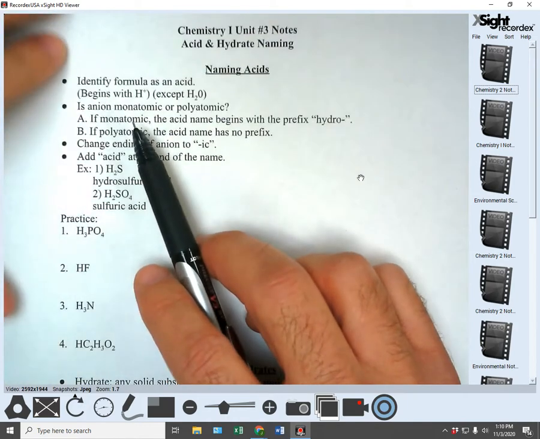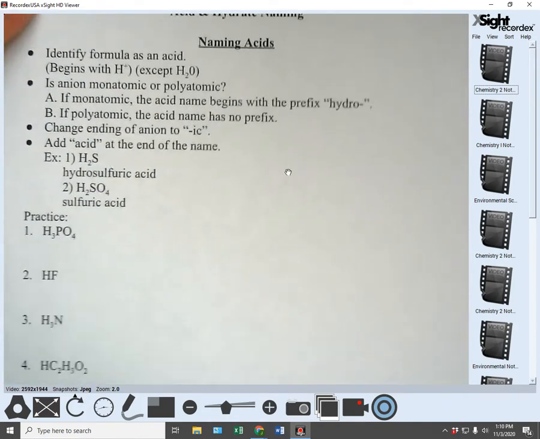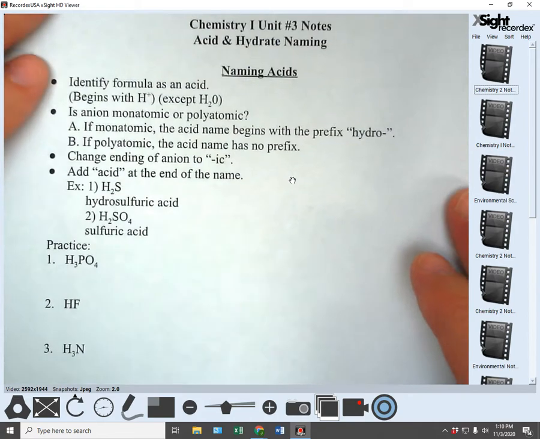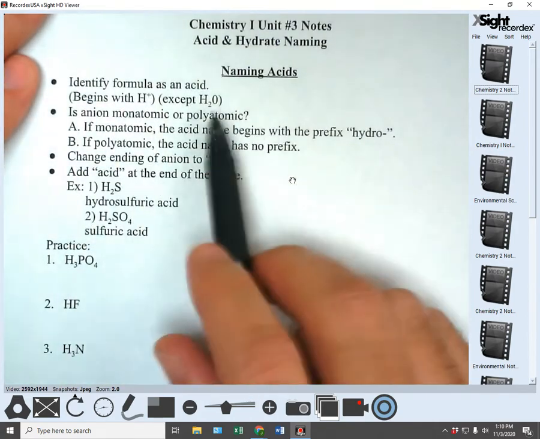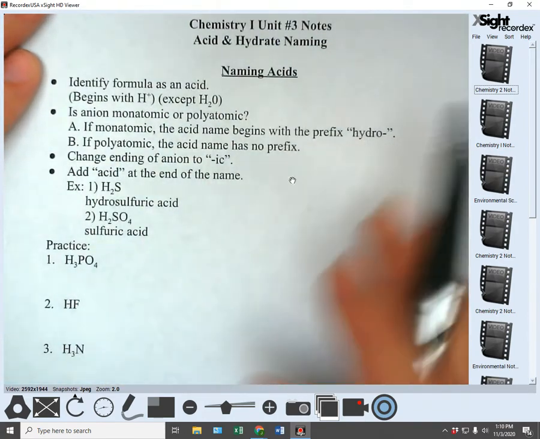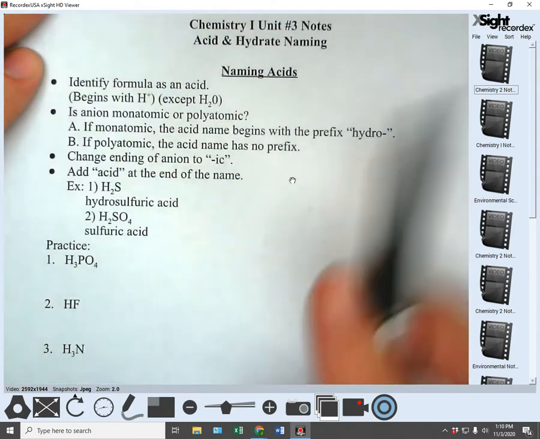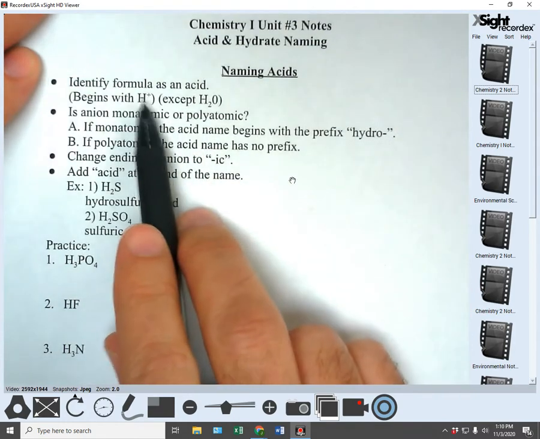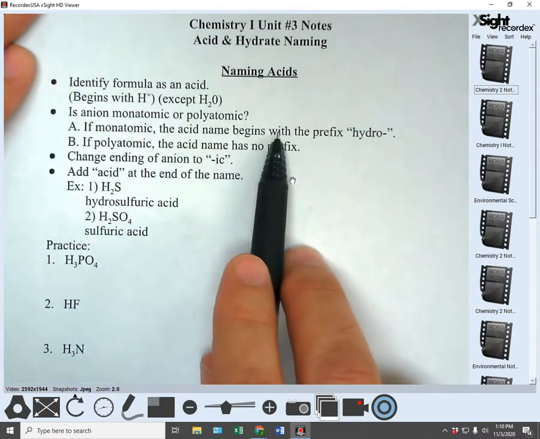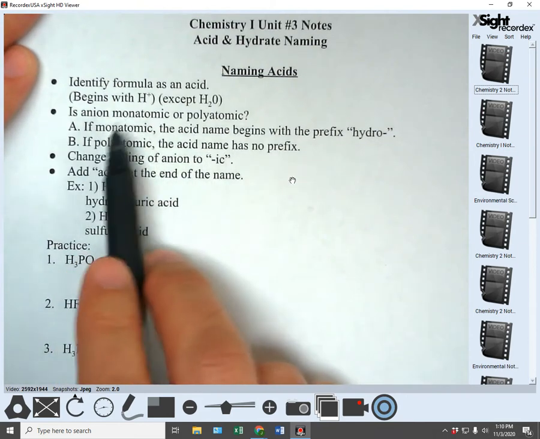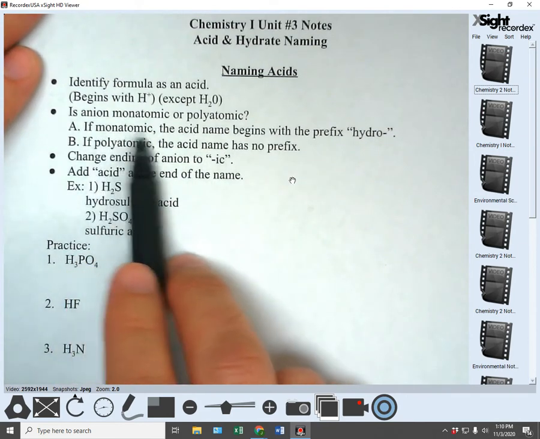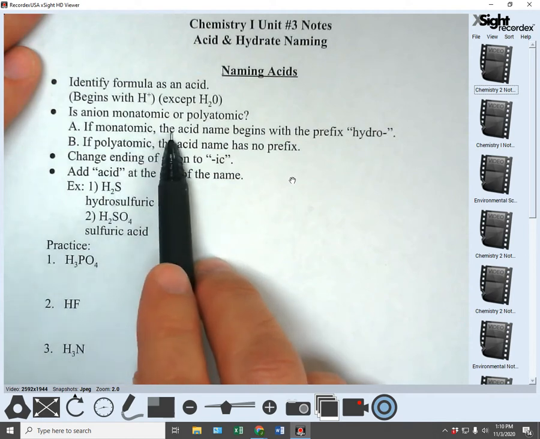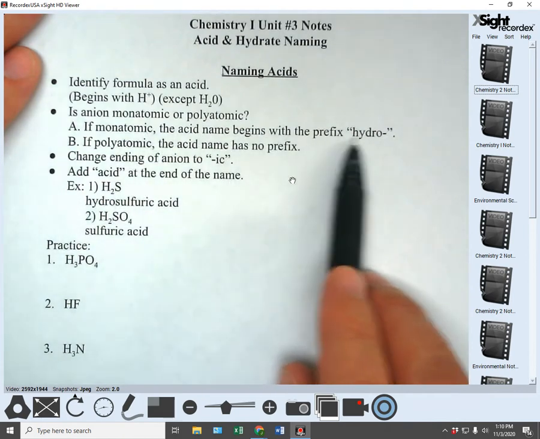Then you ask yourself, is the anion, the negative part, monatomic or polyatomic? Acids are made with ions, the cation and anion. The cation is always H plus. The anion changes. If the anion is monatomic, the acid name begins with the prefix hydro.